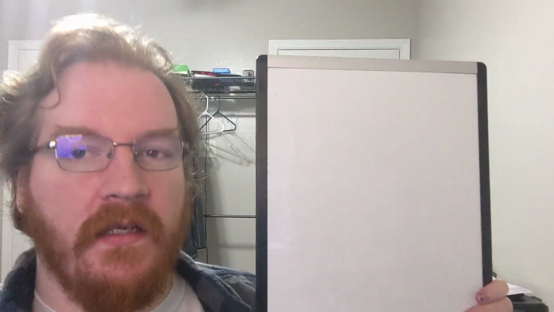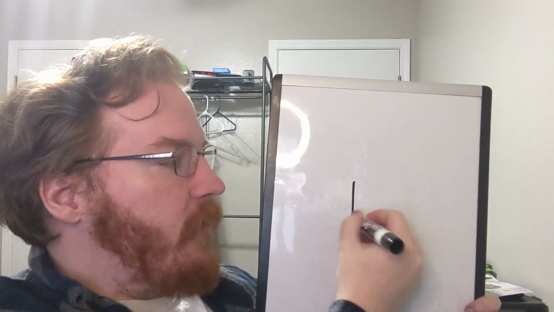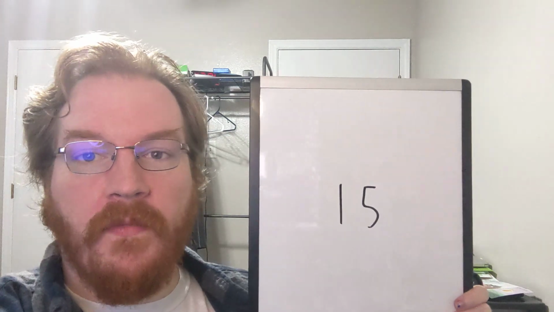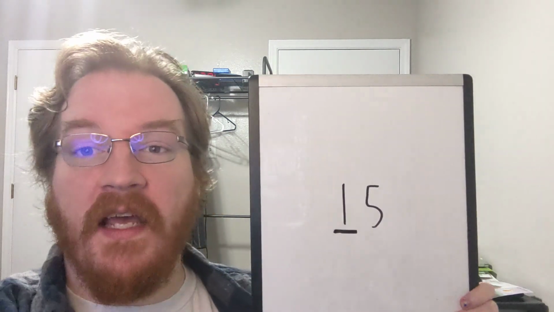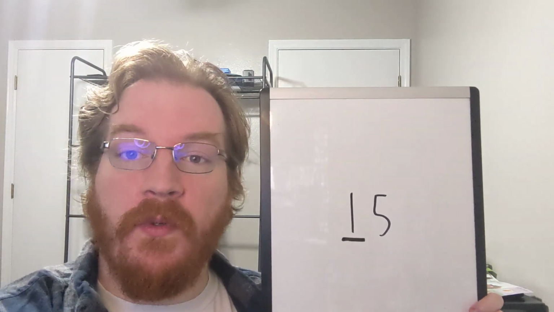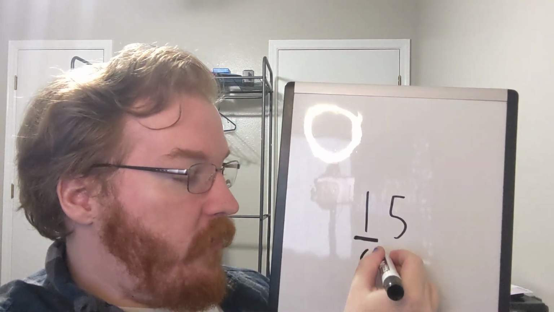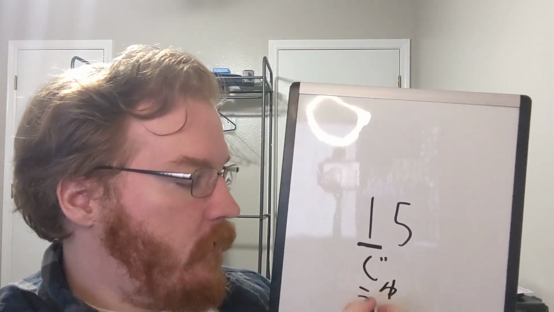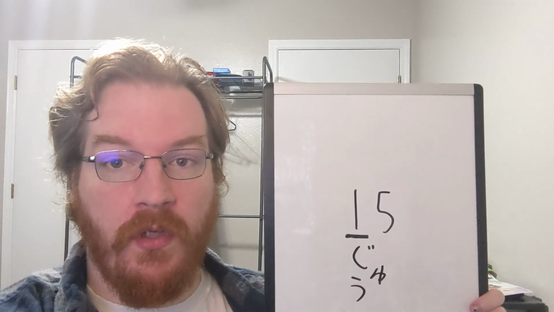So essentially, the numbering system in Japanese is created in such a way that each digit section of a number has its own unit, so to speak. What I mean by that is, say we take a look at the number 15. Everything in the tens place is going to be read with the word for 10, ju.